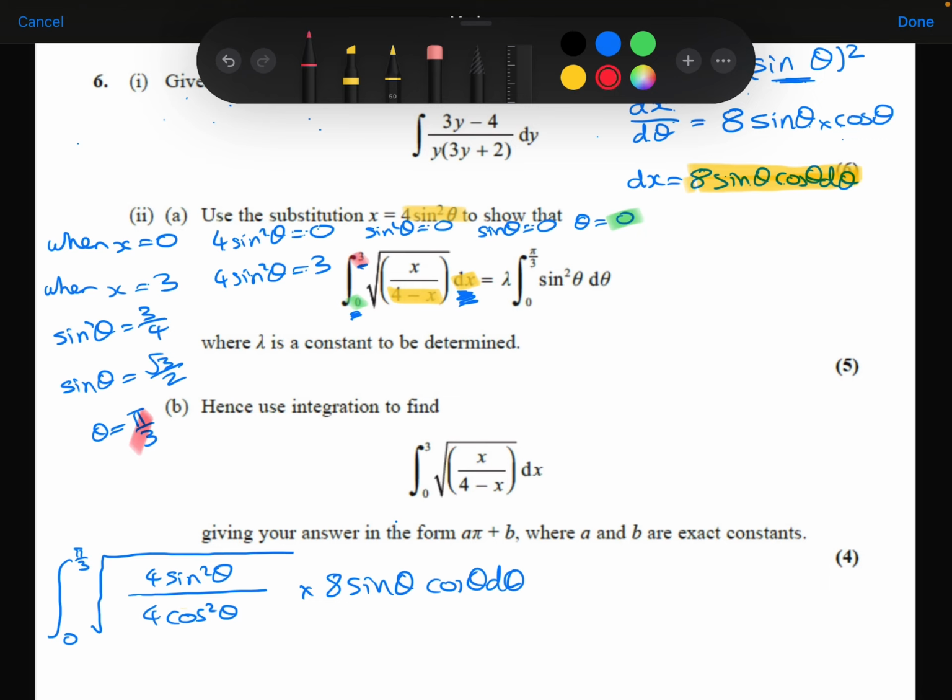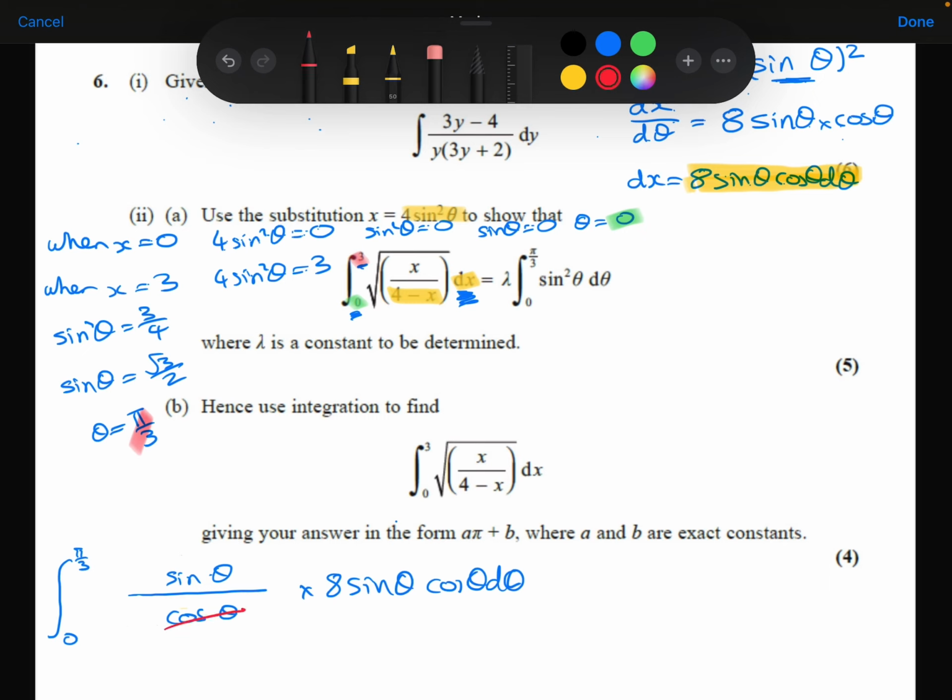We can now see that those 4's cancel out, and we get left with the square root of sine squared over cos squared. So the square root is going to cancel the squareds and just leave me with sine over cos. Not forgetting that that needs to be multiplied by this 8 sine theta cos theta.